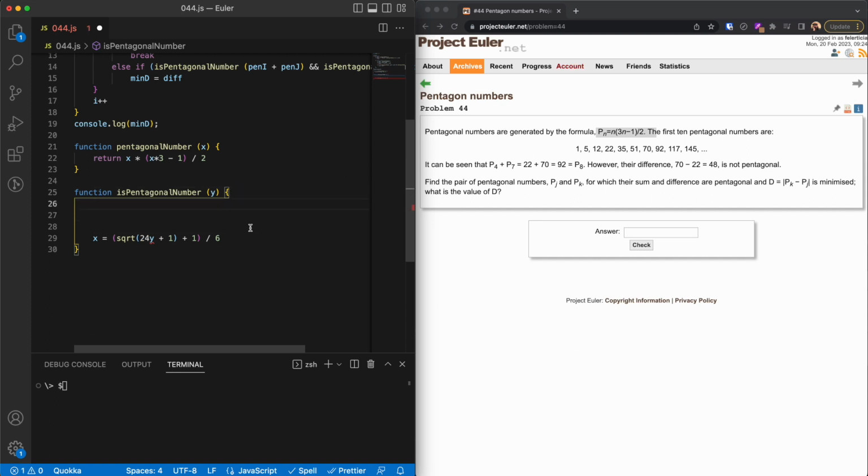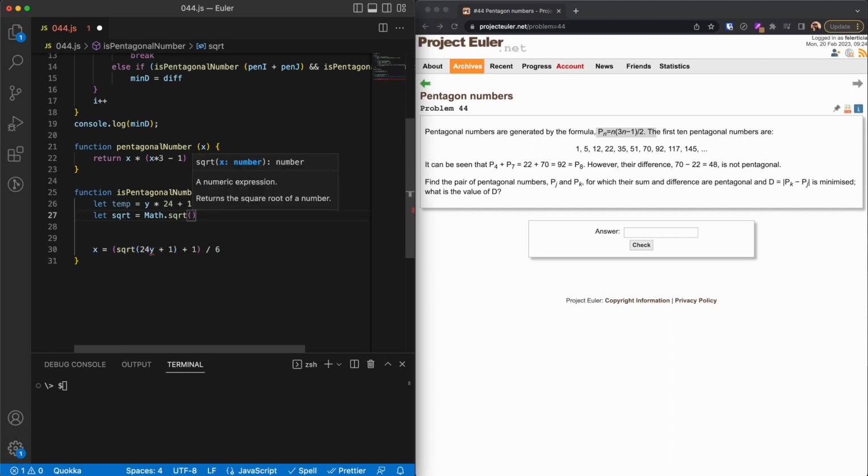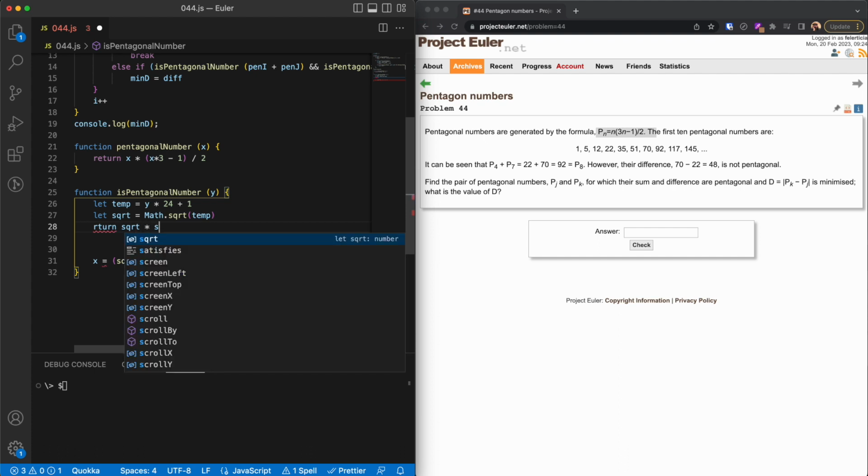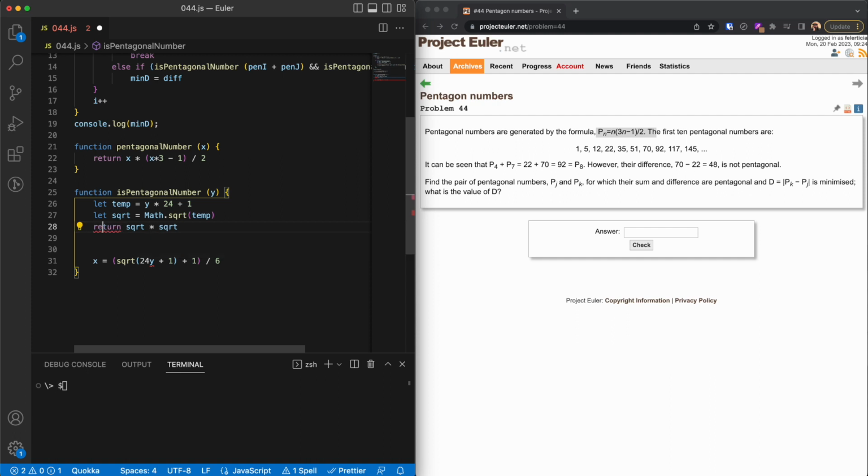I would say that our temp is the value that I have here, y times 24 plus 1, and square root is the Math.sqrt of temp, and we would return that if the square root times square root equals temp, and square root modulus 6 is 5.